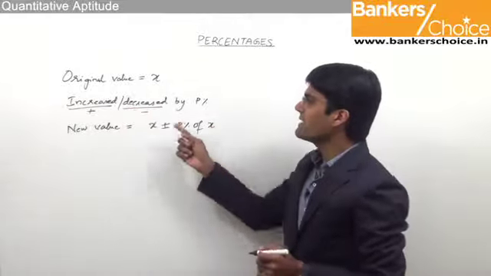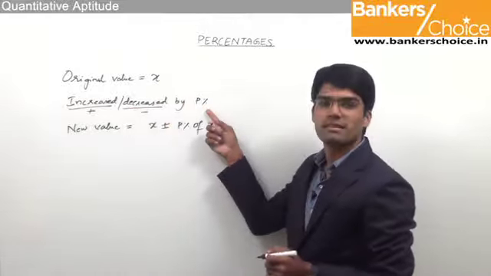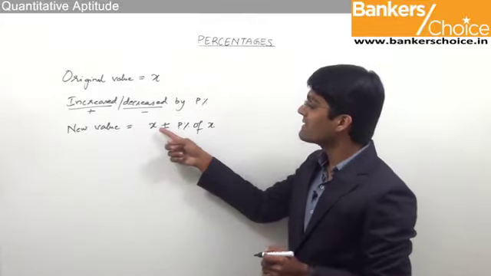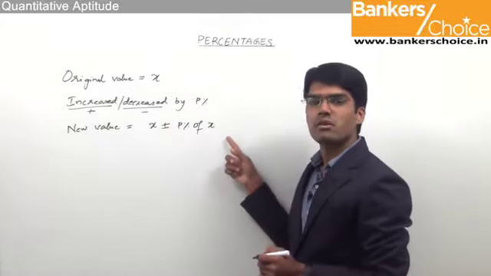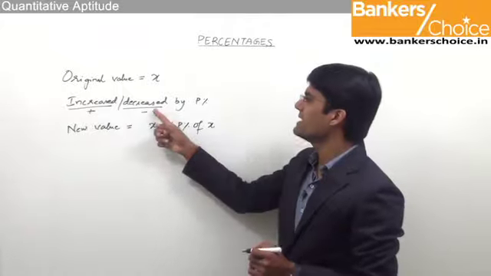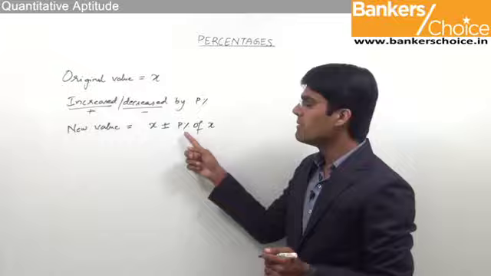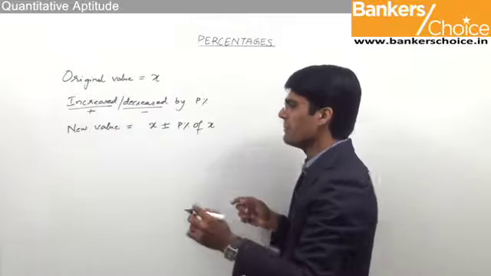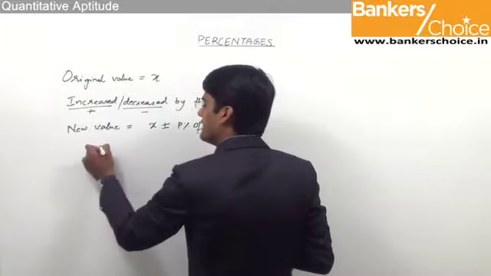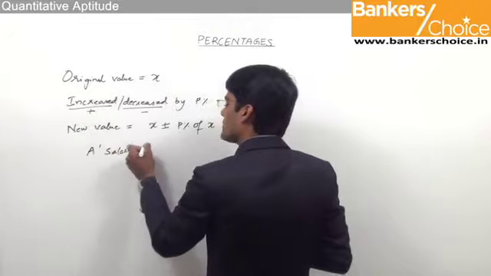So for example, let's say some value x has increased by p%. Then the new value can be taken as x plus p% of x. Similarly, if it has decreased by some percentage p, then the new value can be taken as x minus p% of x. For example, let's say that A's salary is equal to 40,000.